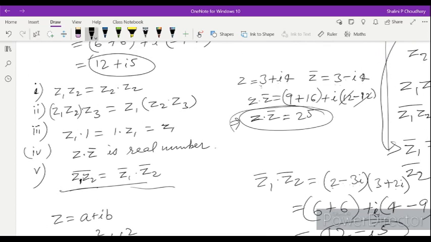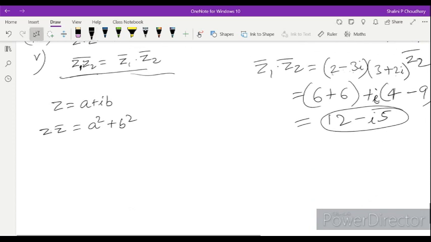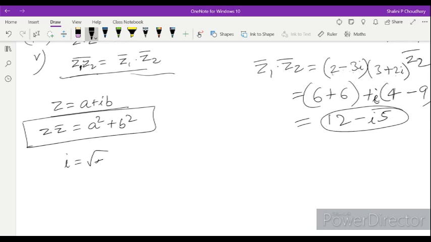Because whatever value we are getting for z into z bar, 3 का square will be 9, 4 का square will be 16, 3 plus 4 का square will be 5 का square. Okay, so this is also one property you have to remember. If z is equal to a plus ib, then z into z bar will be a square plus b square.